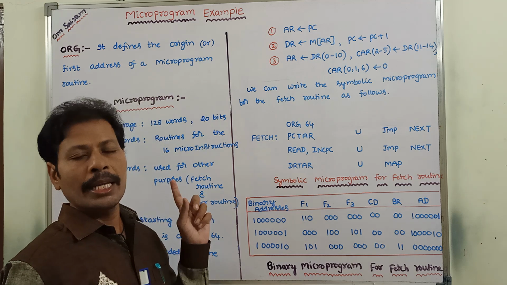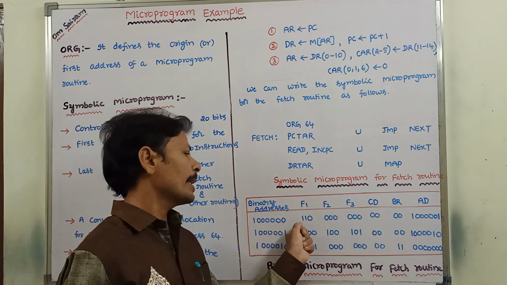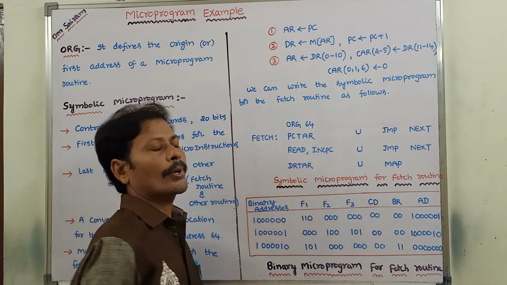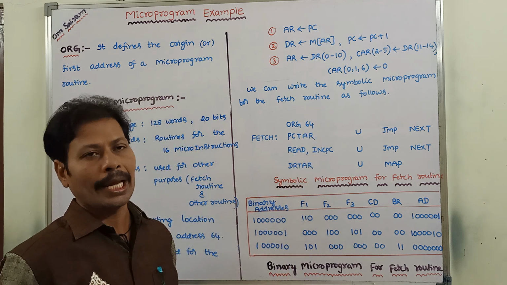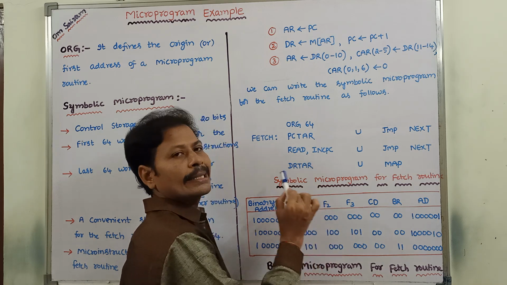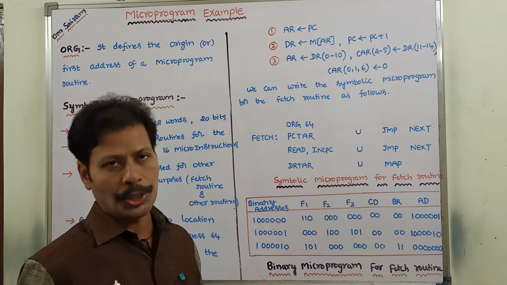So previously we have to see the F1 table. In the F1 table, see the binary code 110. The corresponding micro instruction is PCTAR. Okay. Once F1 is considered, then F2 and F3 are filled with zeros.